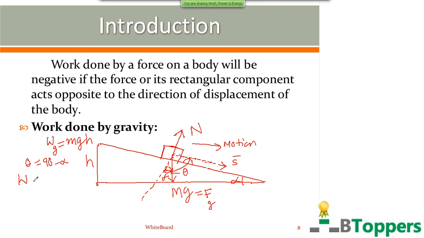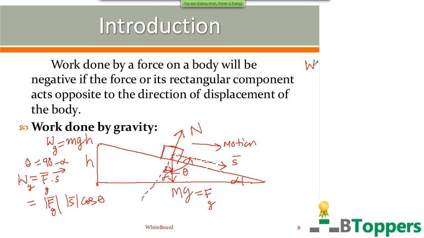So the work done by a constant force F when the body undergoes linear displacement S is given by the dot product of the force and displacement vectors. So work done is the magnitude of the gravitational force into the magnitude of the displacement into cos theta.